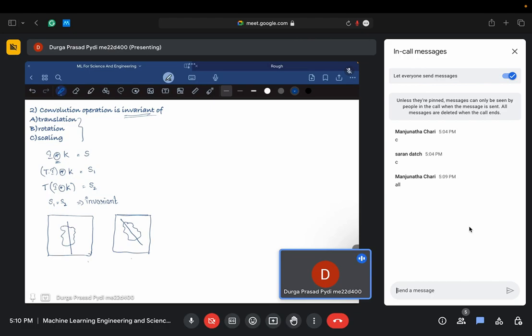Say I have a 2D image, which I denote with I of i comma j. Say S of ij is the result of my convolution. How do I do convolution? I take a kernel and pass it over the grid, so it is essentially a summation along the x and y directions.